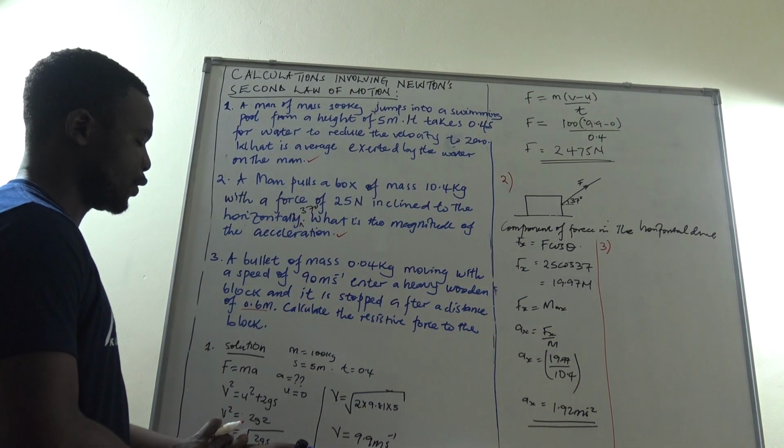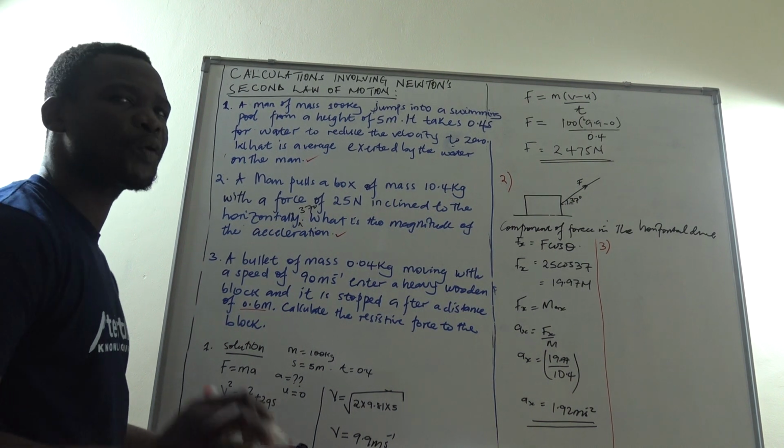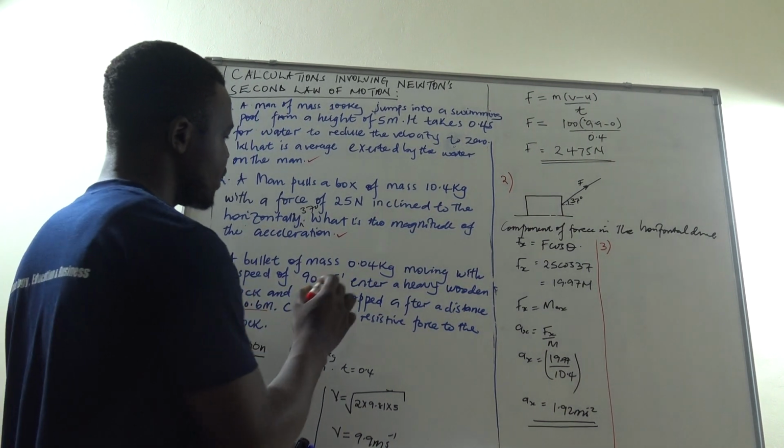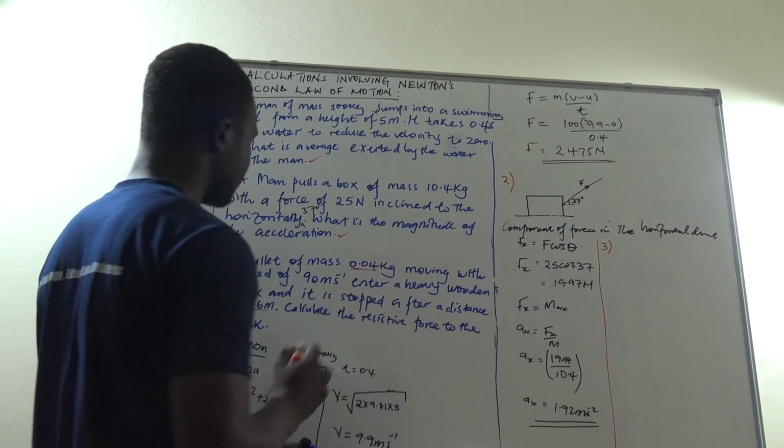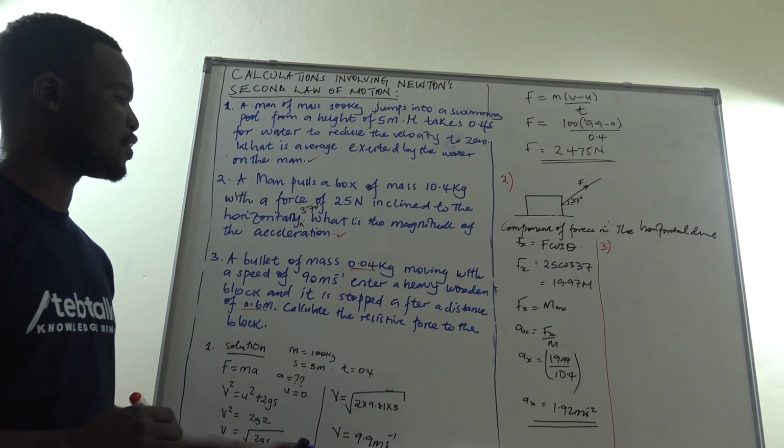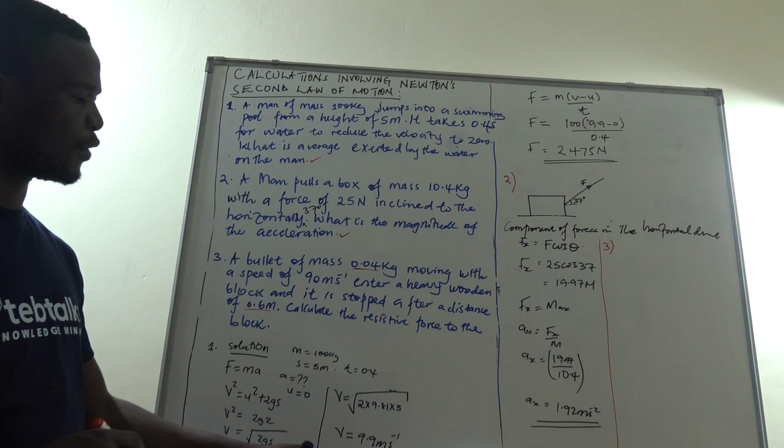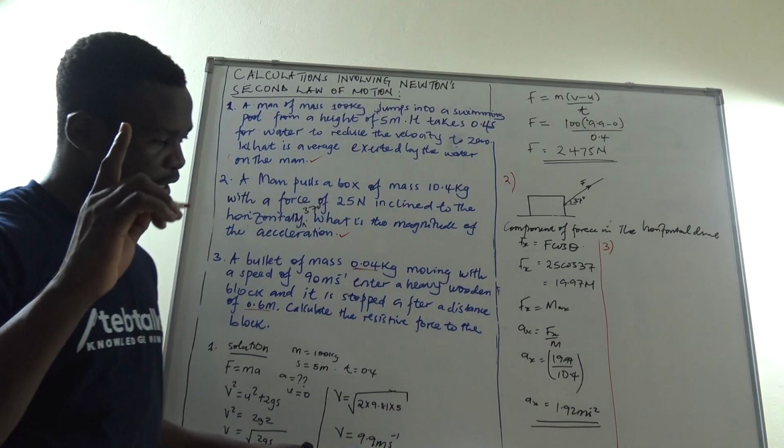Calculate the resistive force of the block. Now, how do we get the resistive force? We know the mass of the bullet, so the resistive force can only be got if we can get the acceleration.